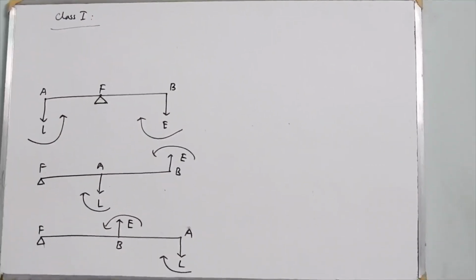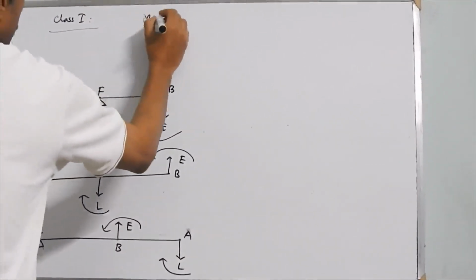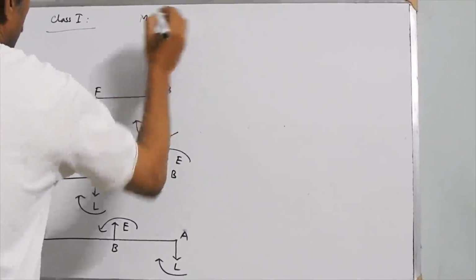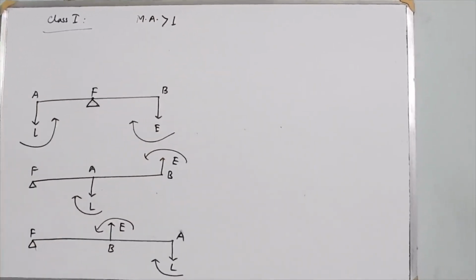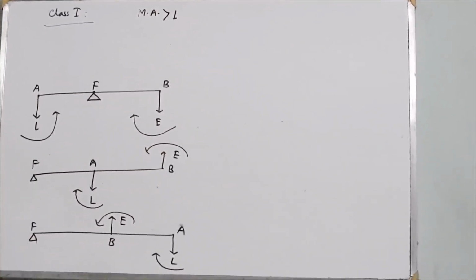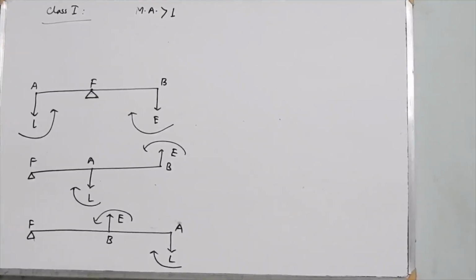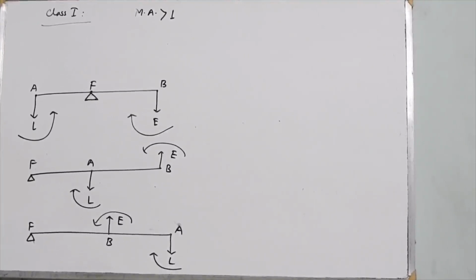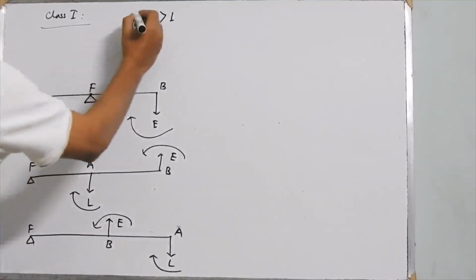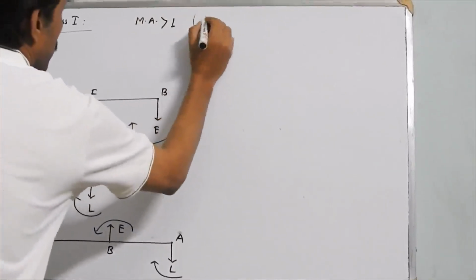Class 1, where mechanical advantage is greater than 1. In the case of certain devices, like a crowbar or claw hammer or pliers or shears, the mechanical advantage is greater than 1. That means they are used as force multipliers.